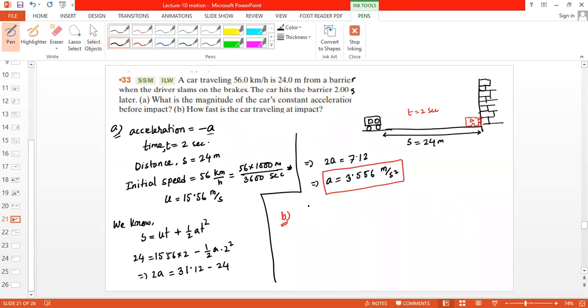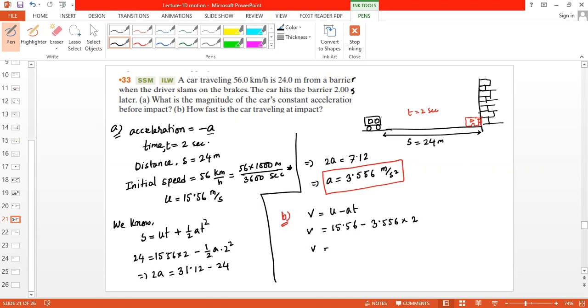So what do you have to do? You have to find out the final velocity v after t equal to 2 seconds. So v equal to u minus at. Your u was 15.56 minus a, 3.556, into time 2.